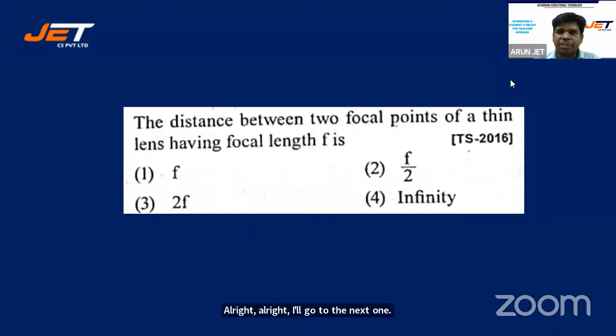The distance between two focal points of a thin lens having focal length f is... Very simple question, students. Pretty easy. Yes, Bhavna, Varun, Hashini, Pavani, Sandeep, Gayatri, no. Sandeep, Shashank, Vishwant, Shashank, yeah, good.